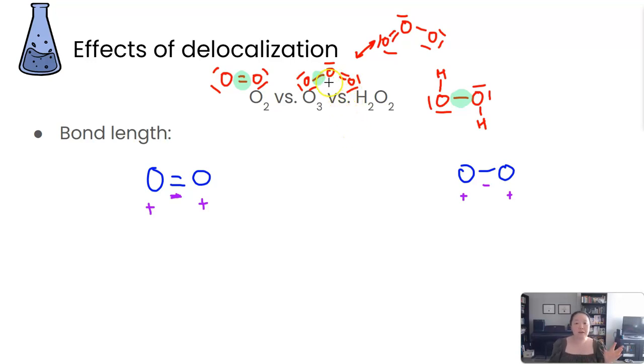What happens is that in that entire ozone molecule, the bond lengths between the central and the terminal oxygens are all the same, and it's actually in between the oxygen double bond and the single bond.